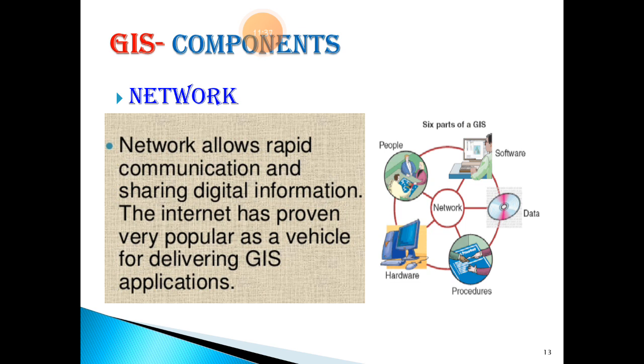And the fifth one is people, who involve the public as well as professionals of the GIS. And then the sixth one is the network that coordinates the rest of all the components and shares the information from the source of GIS to the needy through the web maps and web applications. With this, we are completing the components of GIS.